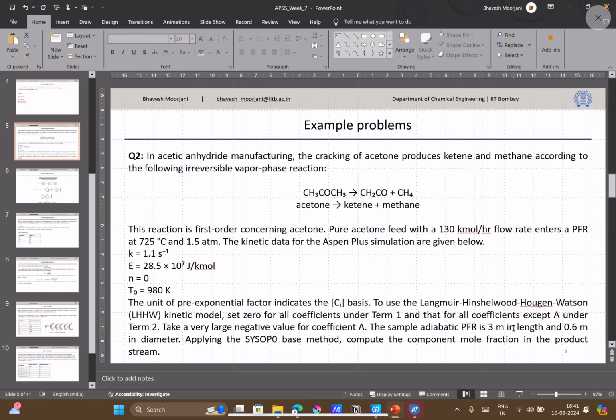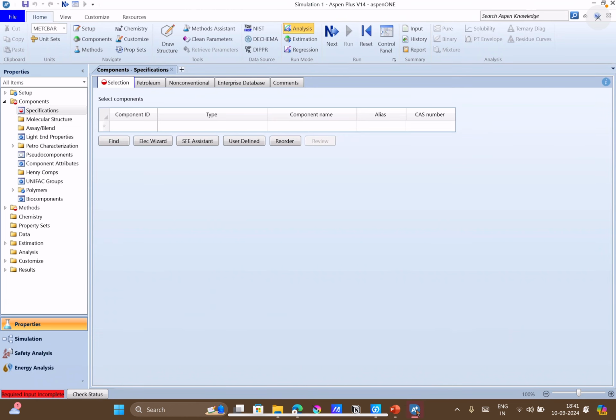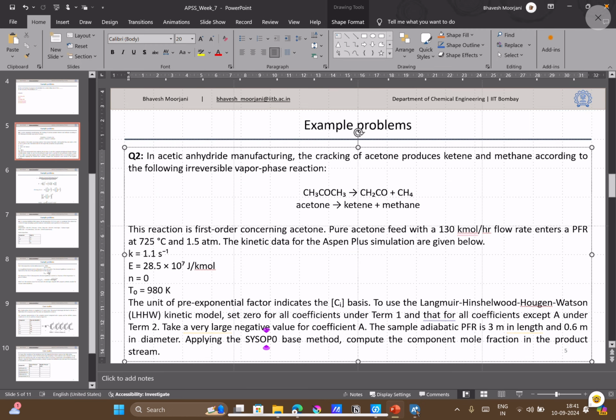PFR dimensions are given, 3 meter length and 0.6 meter diameter, and we have to use this Baseline method for property calculation. So let's go here. Let's add our components.